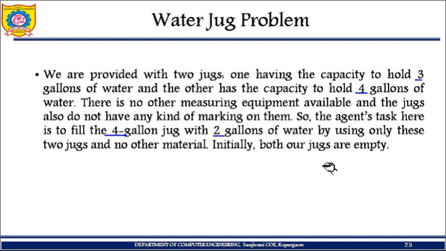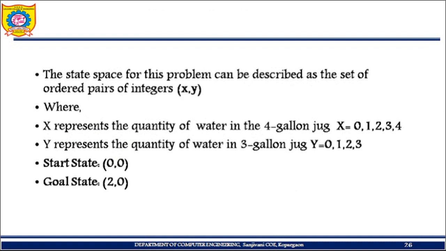This problem is written in an informal fashion. Now we have to write the problem in a formal fashion. Very simple. Formally, you can represent the problem using state space.